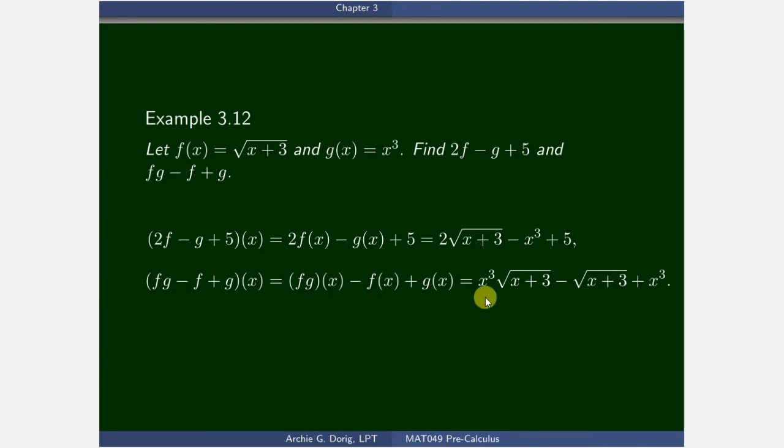So we have their product as this one here is the f of x and this is the g of x. Then minus f of x and we have g of x. Then combine like terms, and if there are no further terms to be combined, that is the final answer.